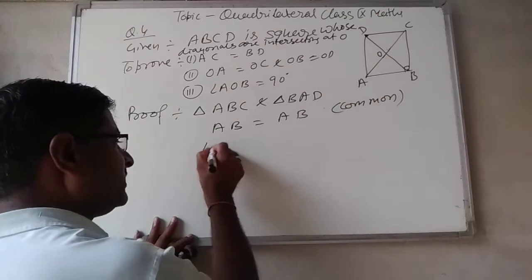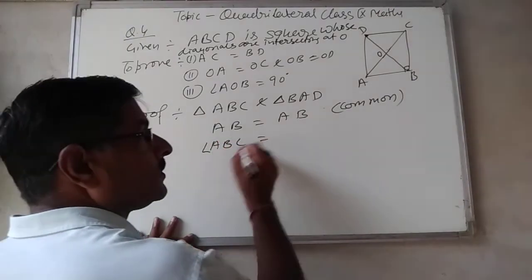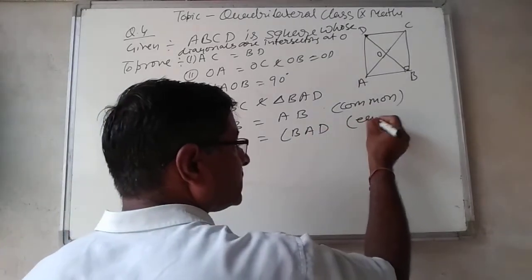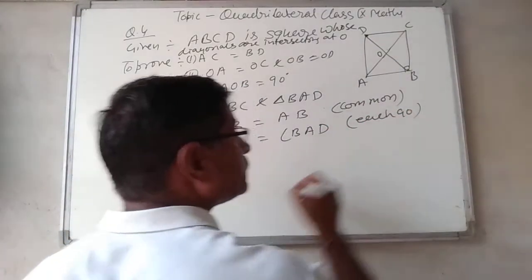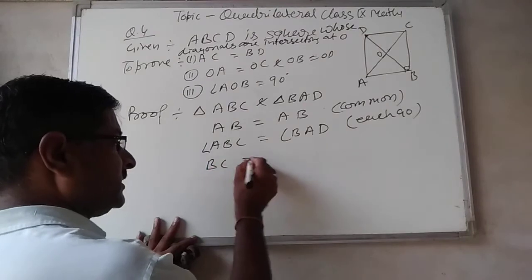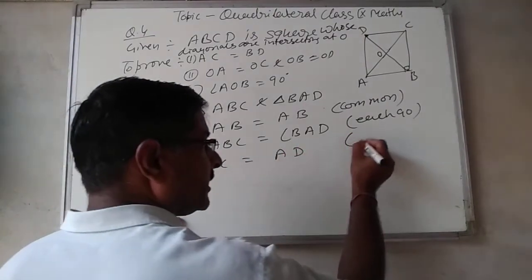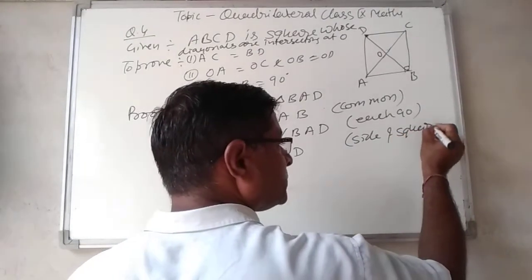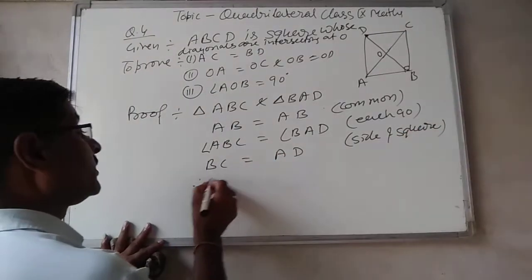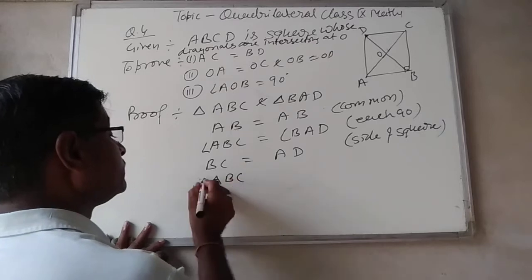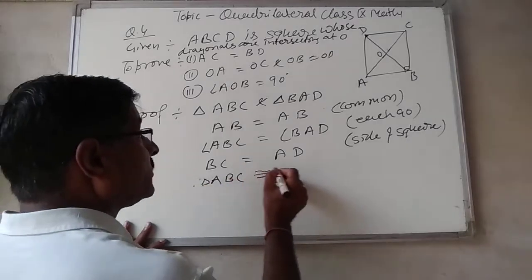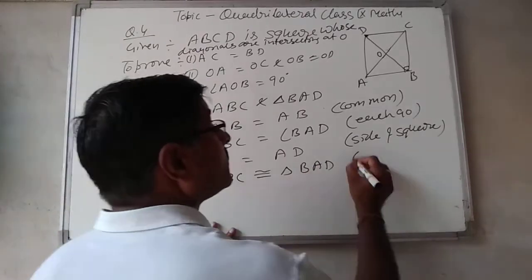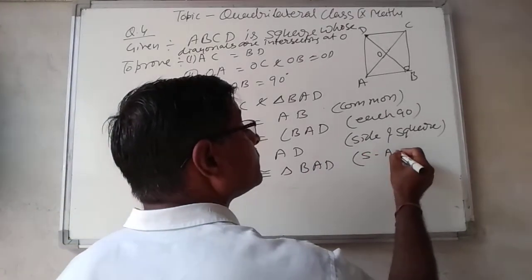Each angle ABC is equal to angle BAD, each 90. BC is equal to AD, sides of a square are equal. So therefore triangle ABC is congruent to triangle BAD by SAS rule.